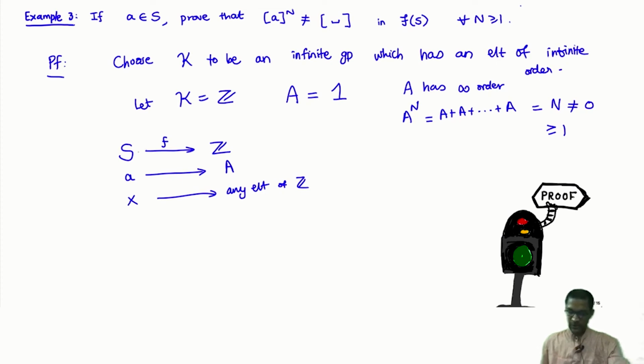So I define a function f from S to Z, and by the universal property, what does that give me?